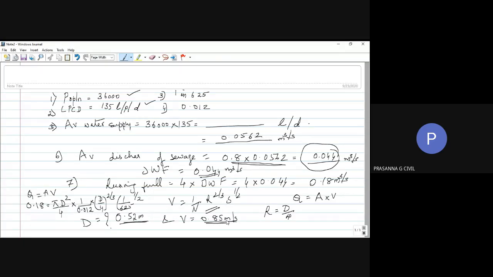So, two things which you should remember here. We use stormwater estimation CIA by 360, where the area is in hectares. Here they have given 12 square kilometers.